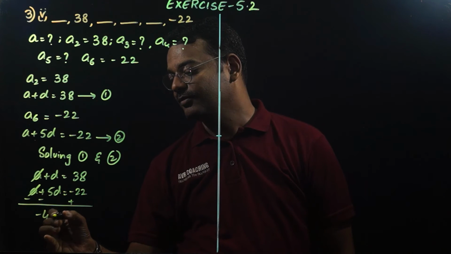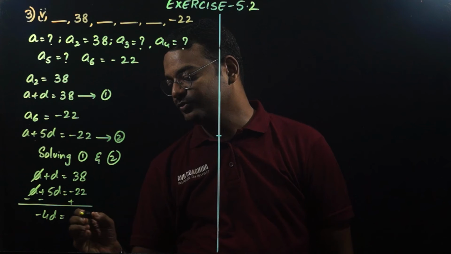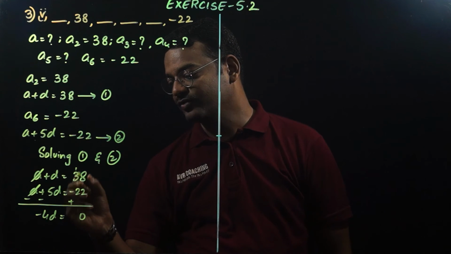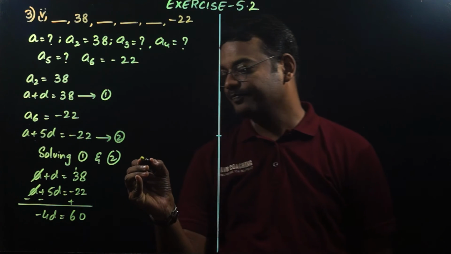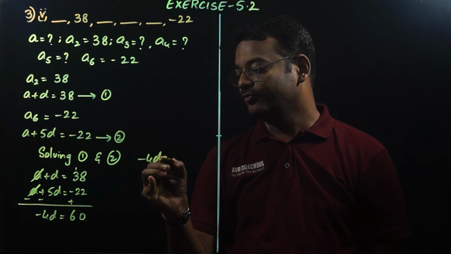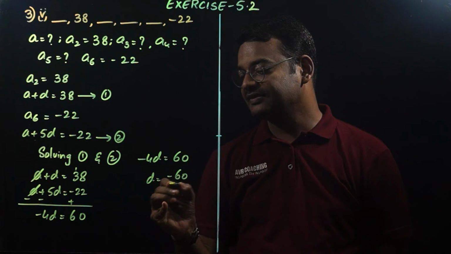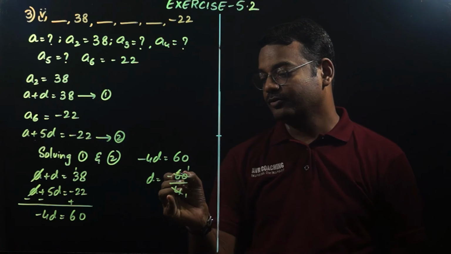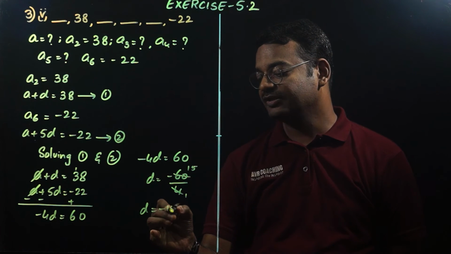This will be minus 4D is equal to 38 plus 22, which is 60. So minus 4D equal to 60. D equal to minus 60 by 4. 4 ones are 4, 4 5s are 20. So D equal to minus 15.